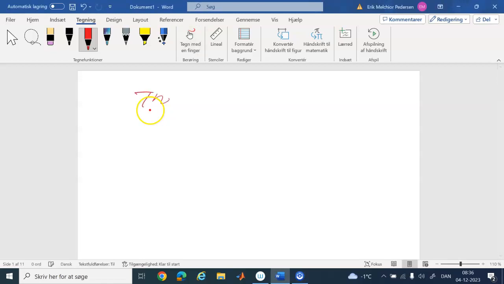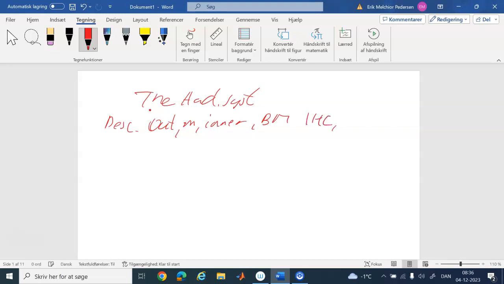The auditory system. I will talk about the description of the ears: outer, middle, and inner ear, the basilar membrane, inner hair cells, outer hair cells, auditory filters, phase locking, and envelope and fine structure.